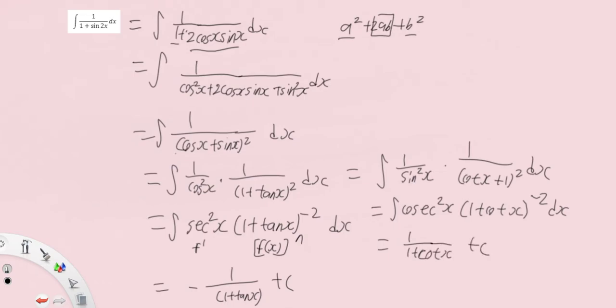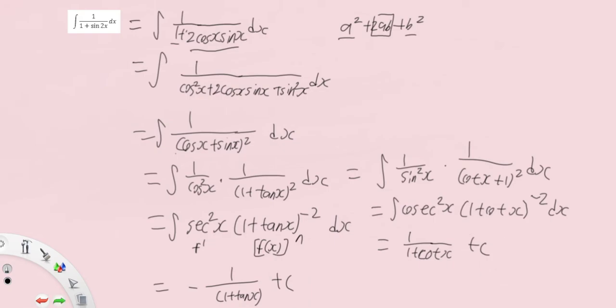And here's the thing that you guys need to know. 1 over 1 plus cotangent x, you can't really manipulate it to the other answer. It's not that easy. The reason why these two integrals have two different answers is because of the arbitrary constant plus c. There is a difference between them, and it's a constant difference.